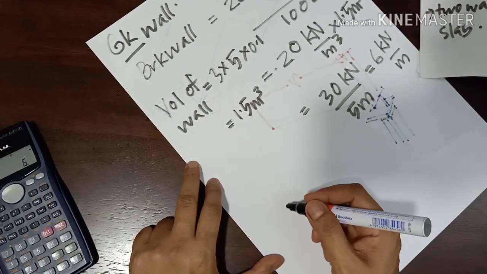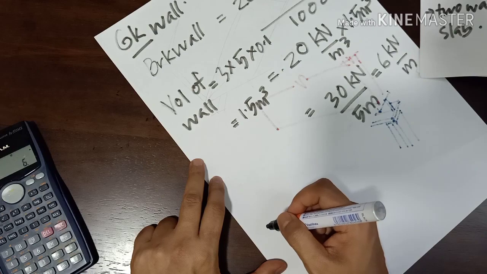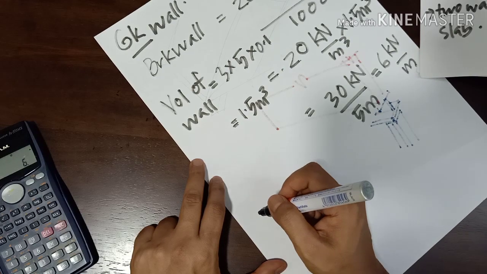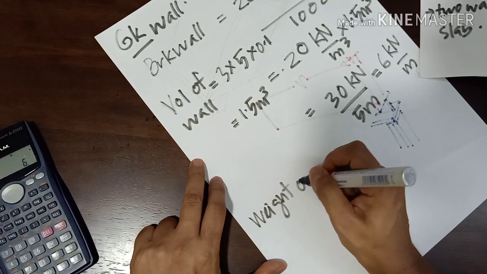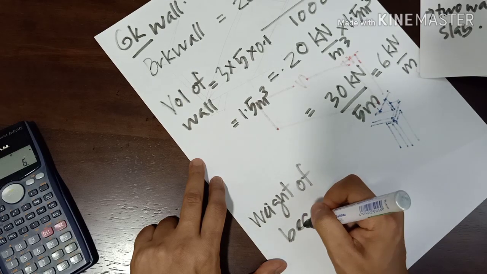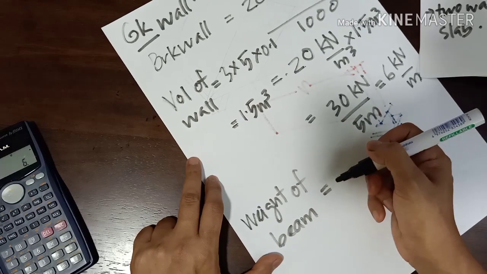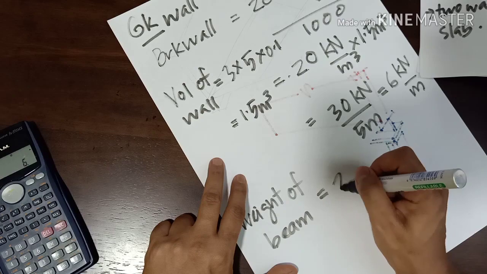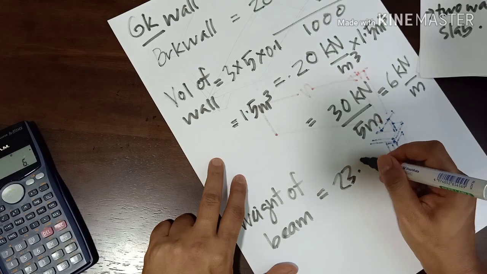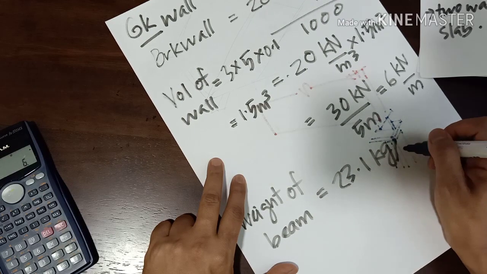And then finally we also have the weight of the beam. From the specification we identify that the weight of the beam is about 23.1 kilogram per meter.